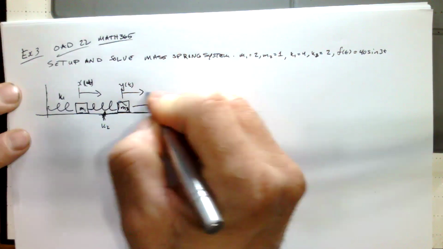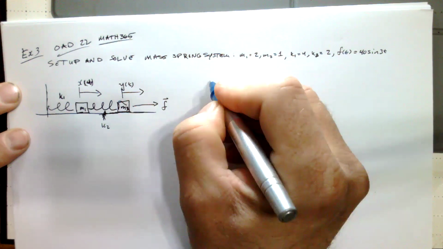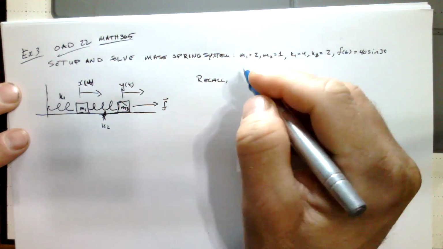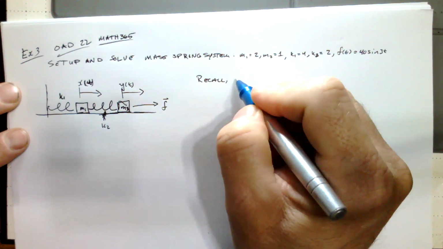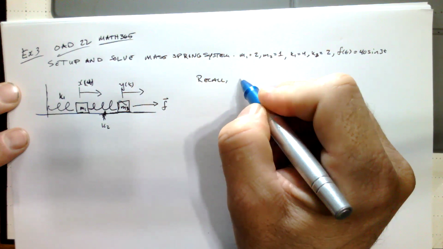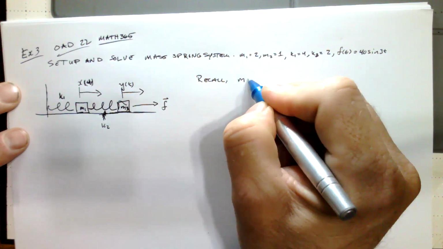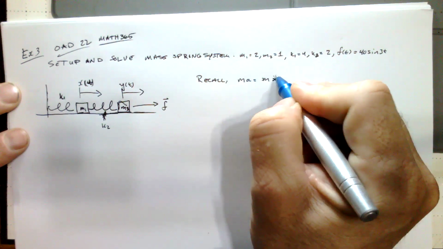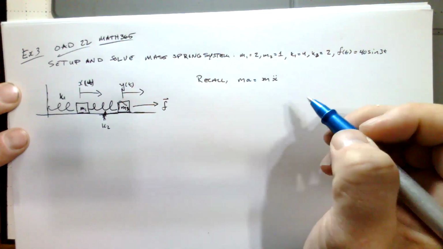Okay. All right. So we recall from Newton's second law that the mass times the acceleration can be written as mass times the second derivative of the position function.